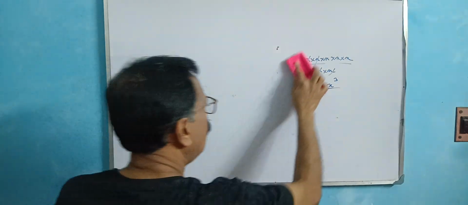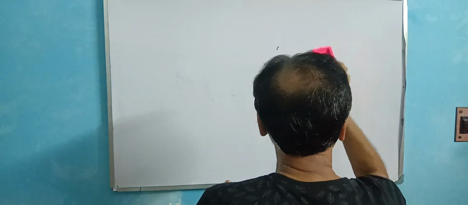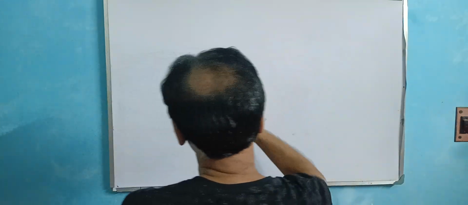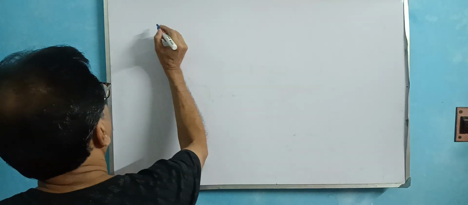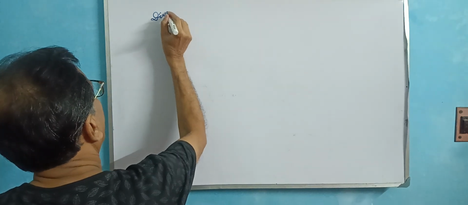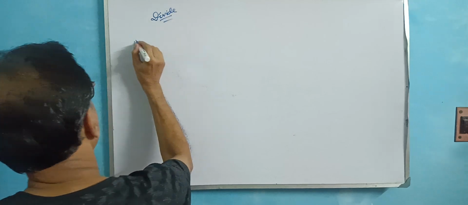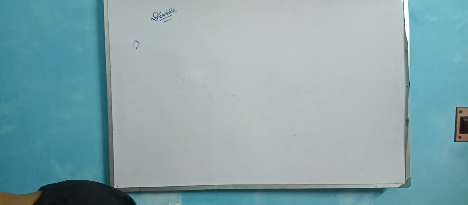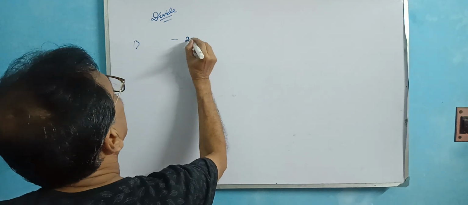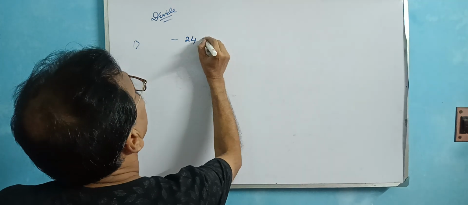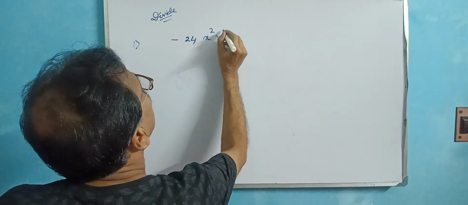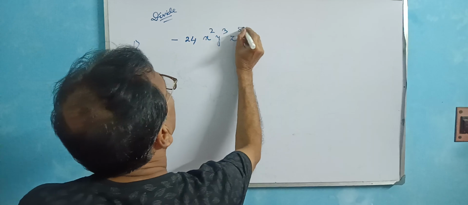Just you discuss. Now if this is okay, then division is very okay to you. Now the example of division. Suppose here is minus 24 x square y cube z5, x square y cube z5.